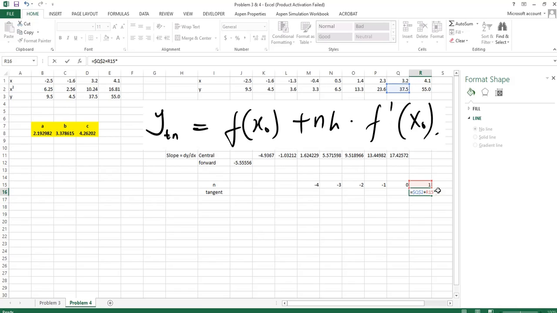So I will just choose one of them, which is this, which is R1. I'll fix it by pressing F4, minus Q1. I will also fix it by pressing F4, then bracket close.